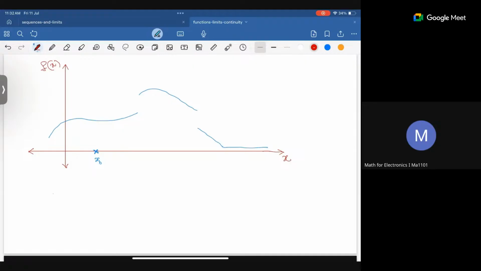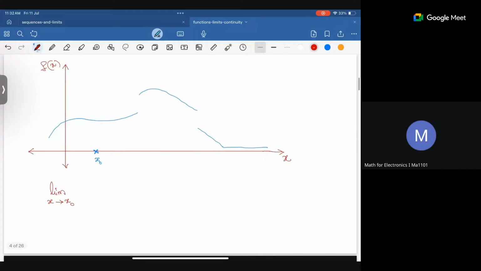I can construct or consider a sequence that converges to x0. I will take the x values such that slowly they move towards x0. That is what x tends to x0 means, right?